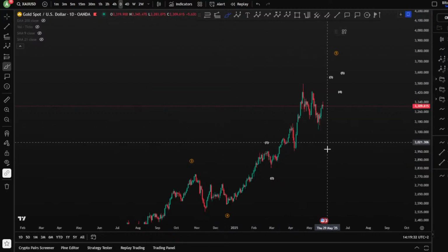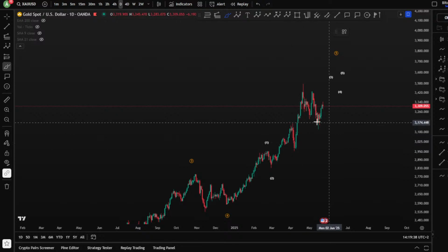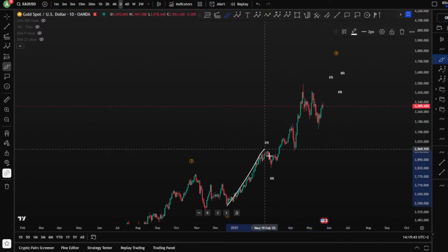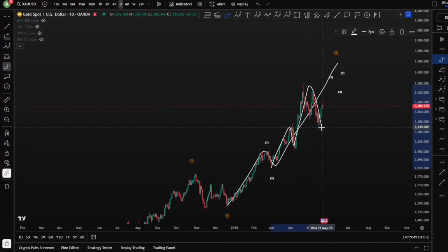Okay, look what is the problem. Here it gives you much more evidence that this is not the case. We got the answer, guys. So if you are in 1, 2, 3, the wave 3 internally has to be 1, 2, 3, 4, and a 5.